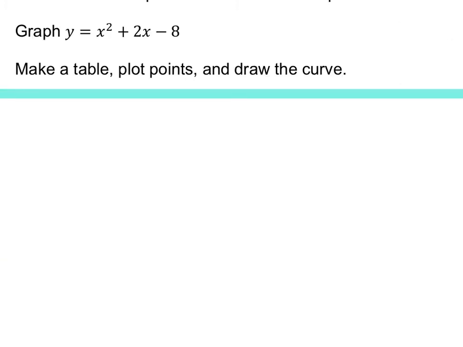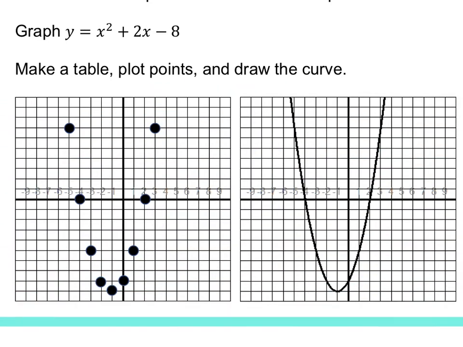Now let's say you're asked to graph this quadratic function. Whenever you graph something and you're not sure what it's going to look like, you make a table. So we would make a table, plot some points, and then draw the curve. Let's see what that looks like.